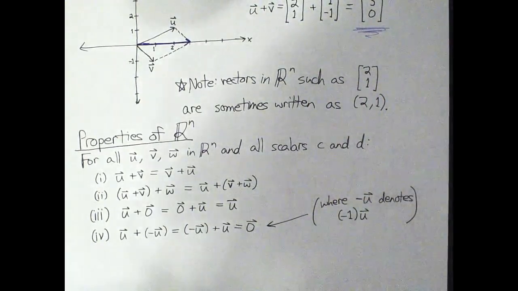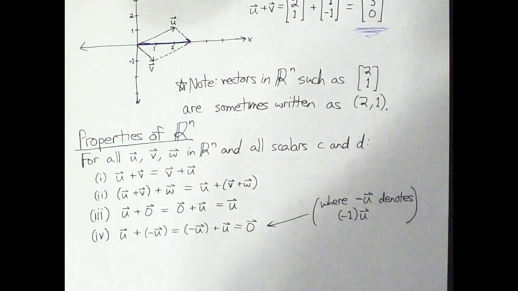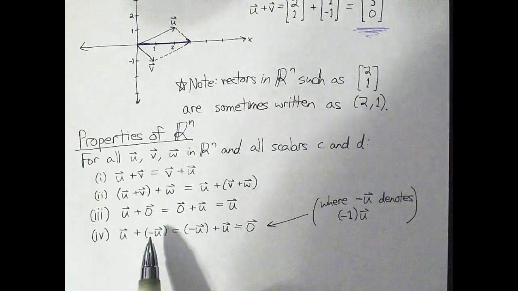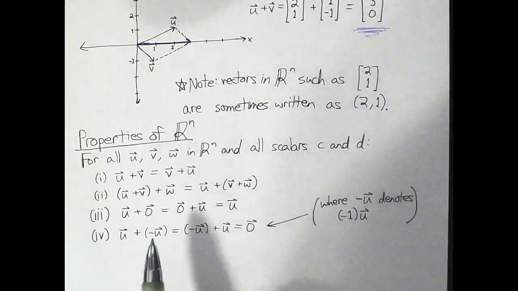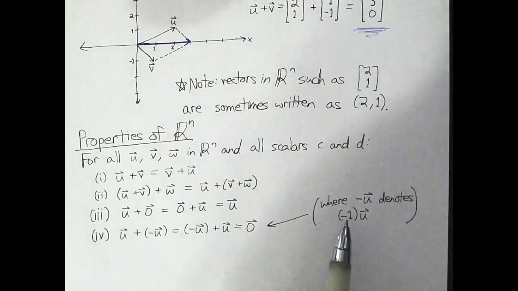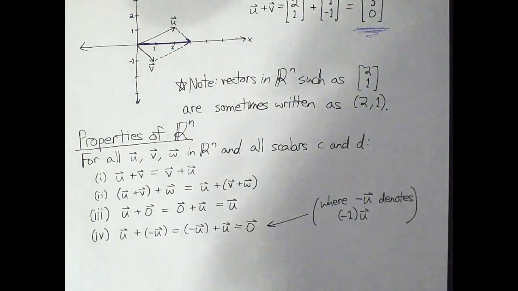If there was any question about what the negative of a vector means, it just means negative 1 times the vector.